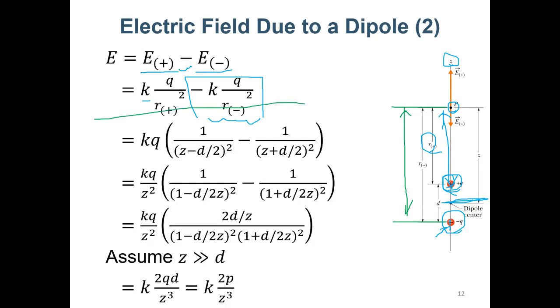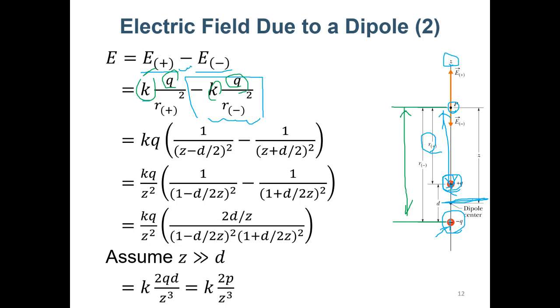It's just a simple expression. Then we have k, q, so we factor them out. Inside is 1 over R plus squared minus 1 over R minus squared.